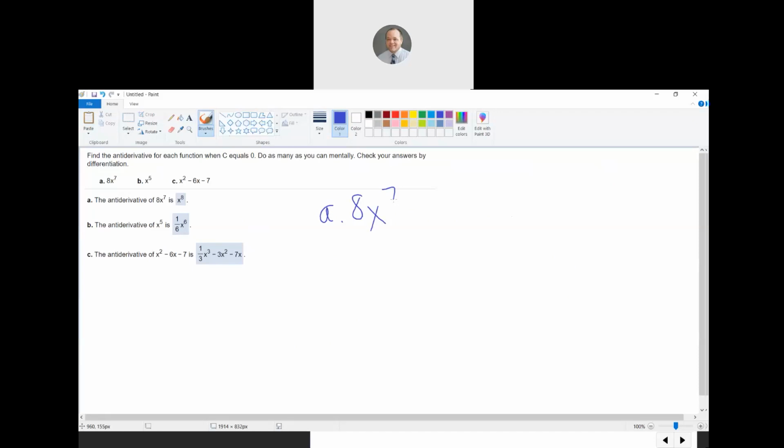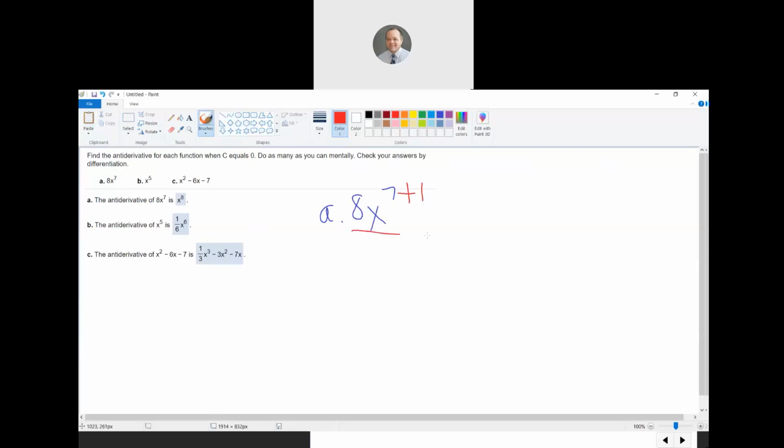Traditional power rule, you would move the 7 to the front and multiply it by the 8, and then subtract 1 from the original exponent. We're doing opposites here to find the antiderivative. So instead of subtracting 1 from the original exponent, we are adding 1 to it. And instead of multiplying, the opposite of multiplication is division.